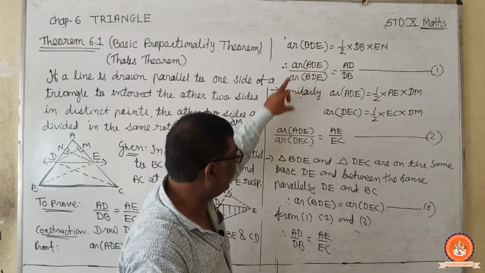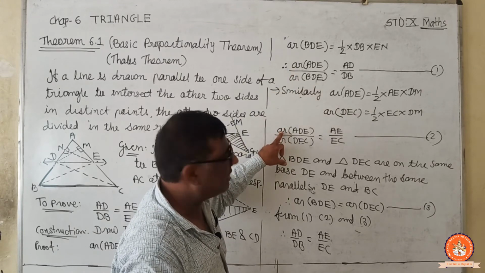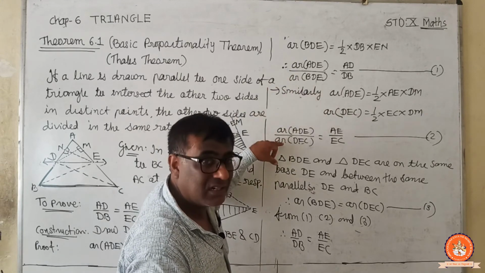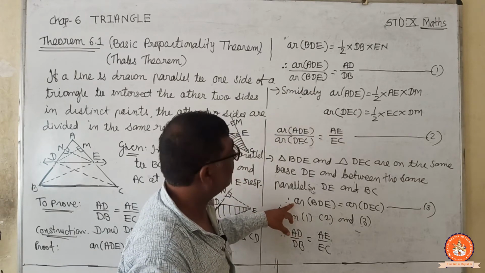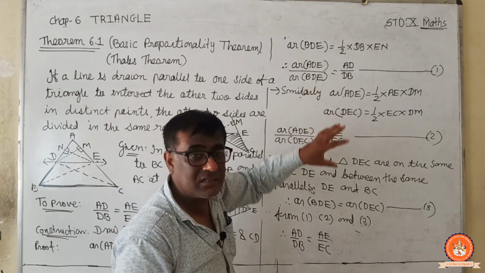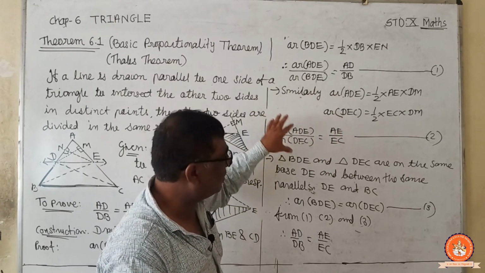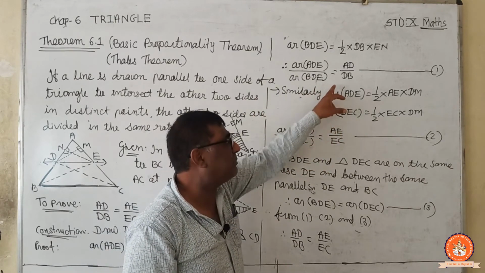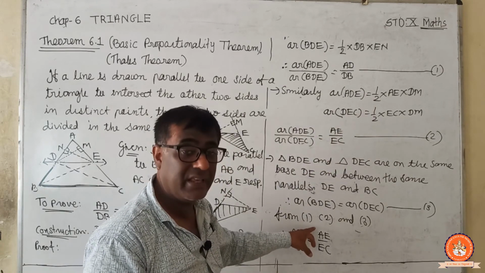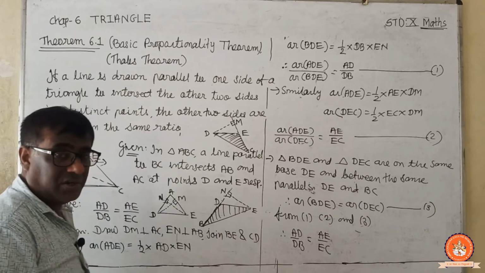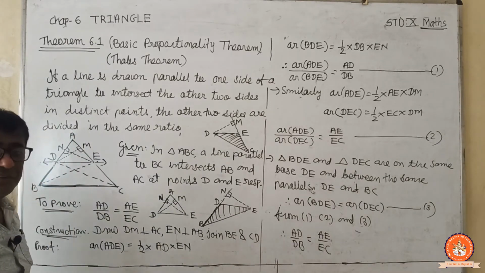Area of ADE is equal to area of ADE, it is clear, and in result number 3 the denominators are same. So the left hand sides of both the results are the same, so their right hand sides must be the same. Hence proven that AD upon DB is equal to AE upon EC. Okay my friend, very good.